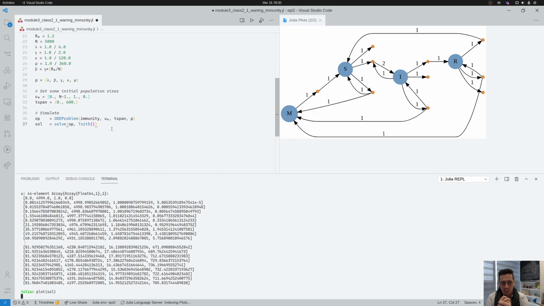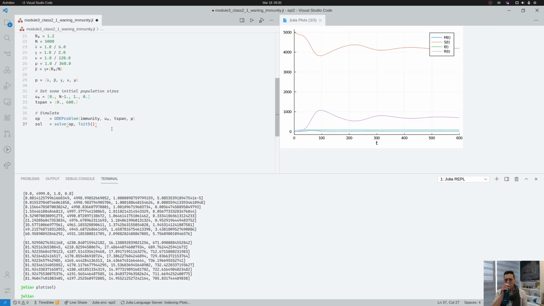And it's going to be slightly different this time because we have one more compartment, which is the maternal immunity compartment. So that is our model here.